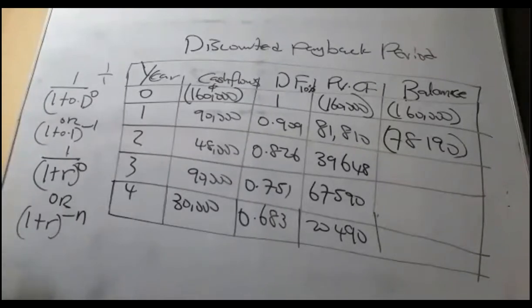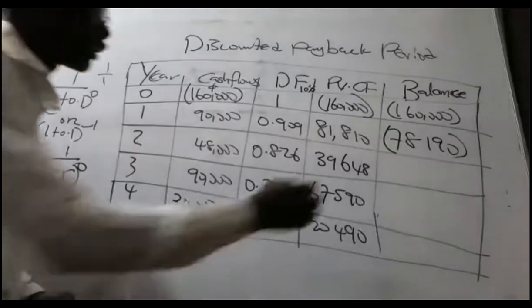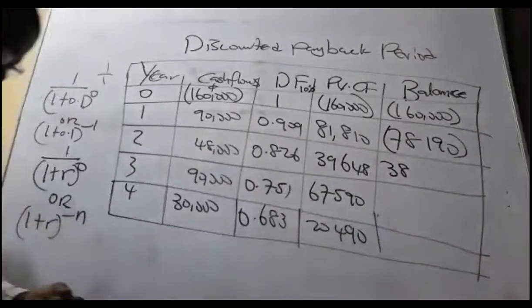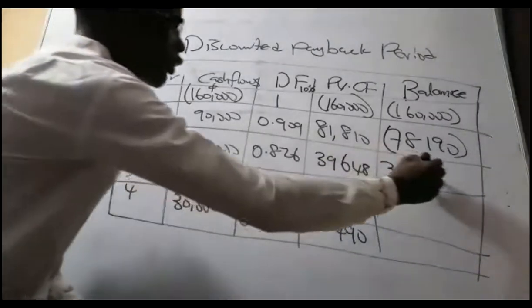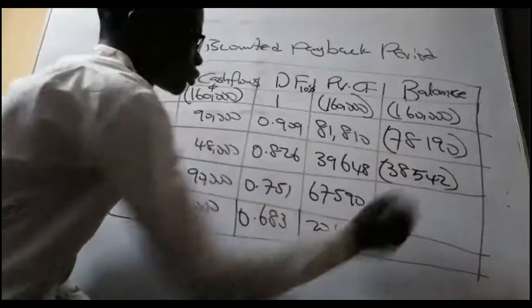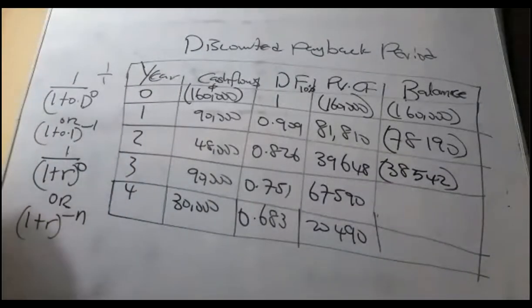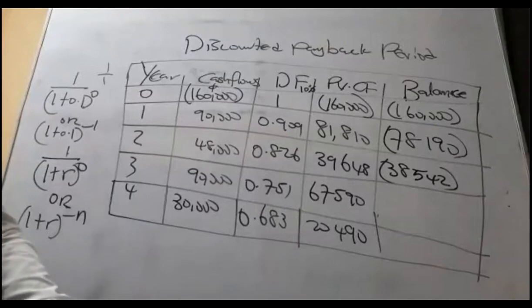So it will be 78,190 less the 39,648. So that will give us 38,542. Agreed. So that is what is left for us to recoup.